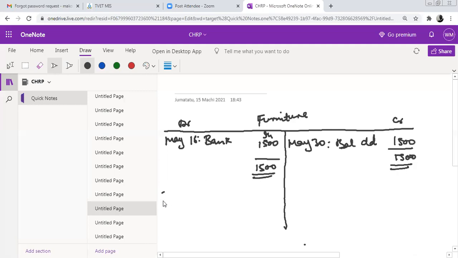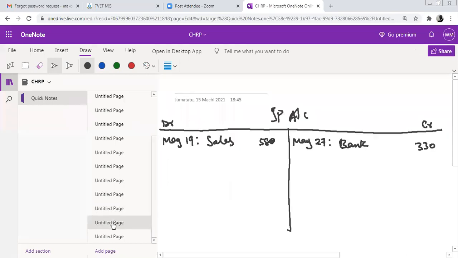So June 1. SP, we sold goods to him of 580. He paid 330, so he has a balance. As at that year, the balance is how much? 250. Yes, thank you. So that it can be 580.